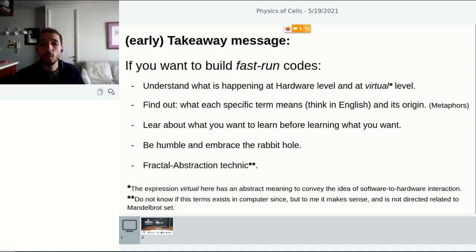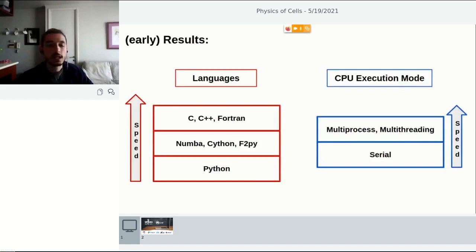Then if you want to have 1 megabyte, 1 million of that, you set another level of abstraction, and then you have 1 million of those 1 byte boxes. And then you go raising and raising this fractal level until you have your PC. So this is the basic takeaway message.